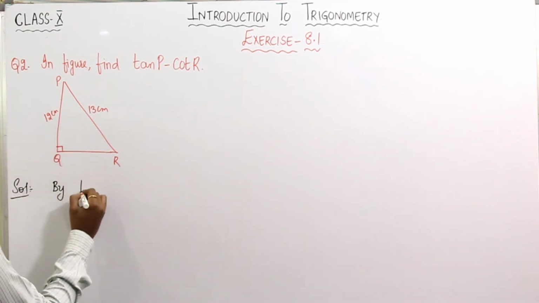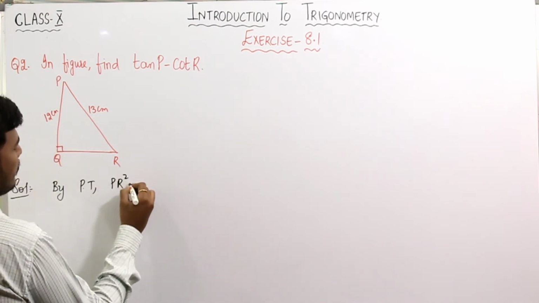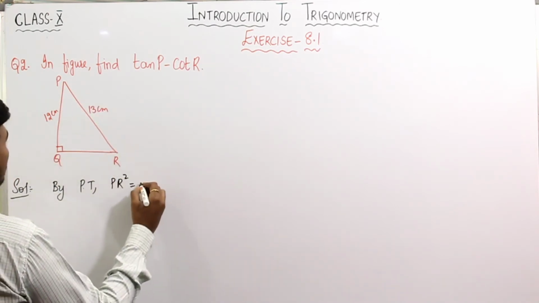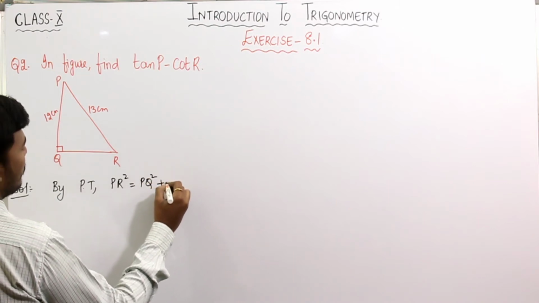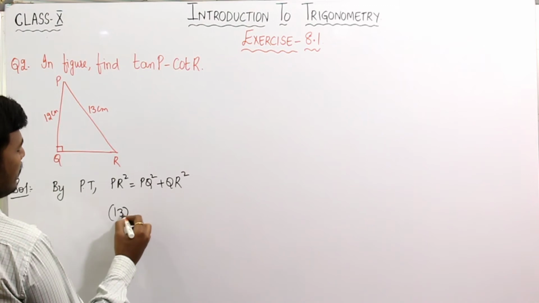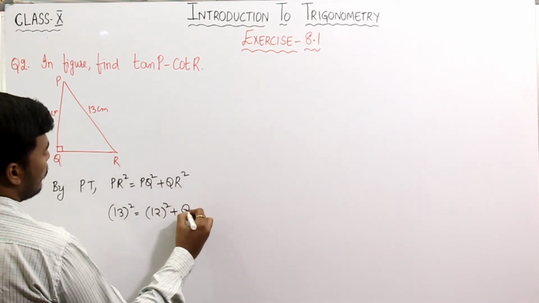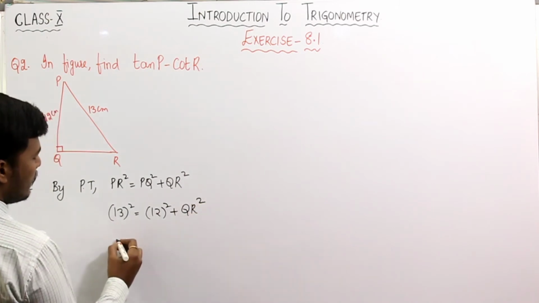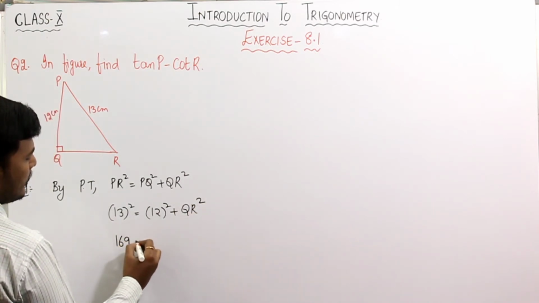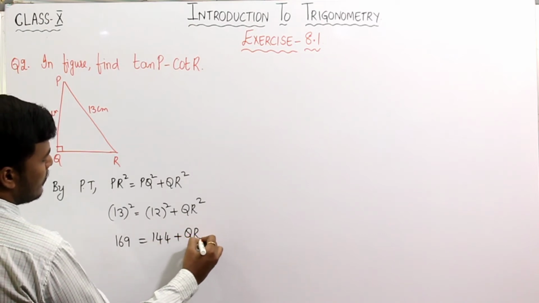by Pythagoras theorem, what you can write here, PR square is the hypotenuse, right, is equal to PQ square plus QR square. So 13 square is equal to 12 square plus QR square. So 13 square is 169, equal to 144 plus QR square.